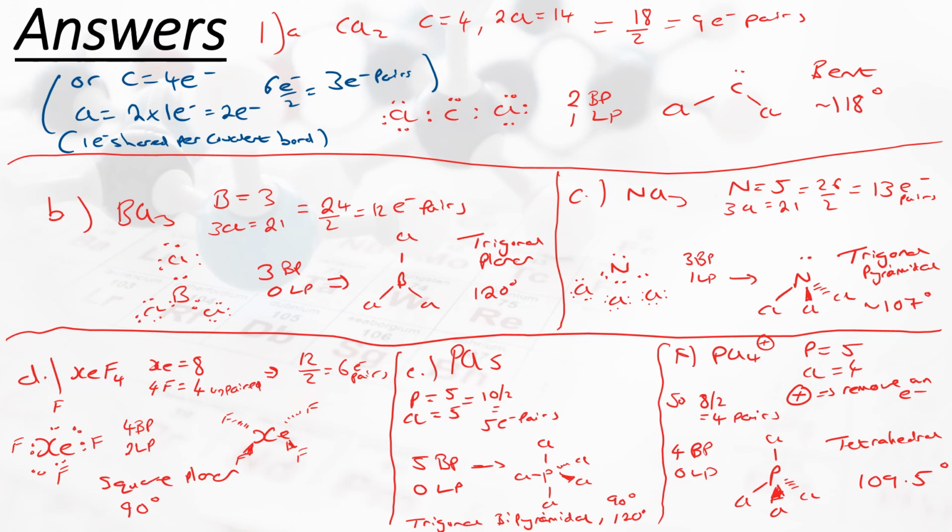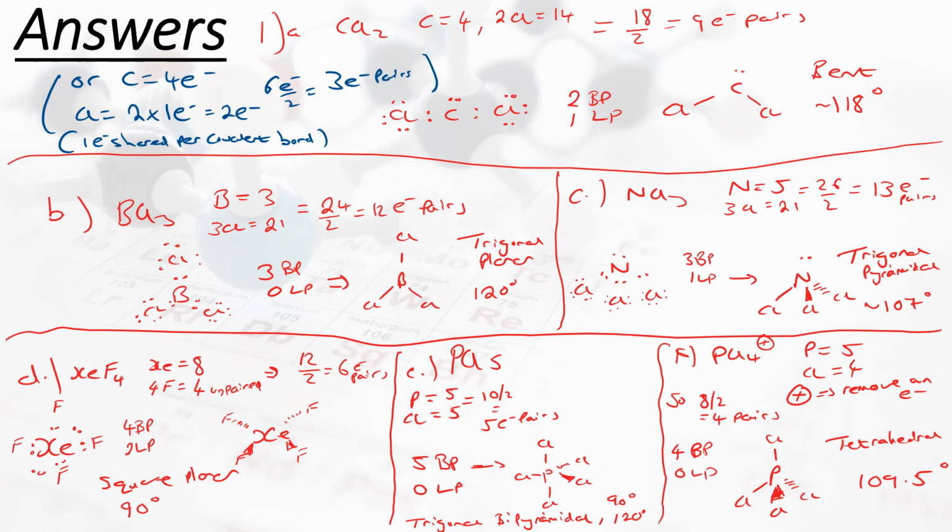So we have 4 fluorines, each that will donate 1 electron, 8 from our xenon, that gives us 12 electrons, divided by 2 gives us 6 electron pairs around our central atom. We then have to think about bonding pairs and lone pairs, so we have 4 xenon-fluorine bonds, so that's 4 bonding pairs and 2 lone pairs.